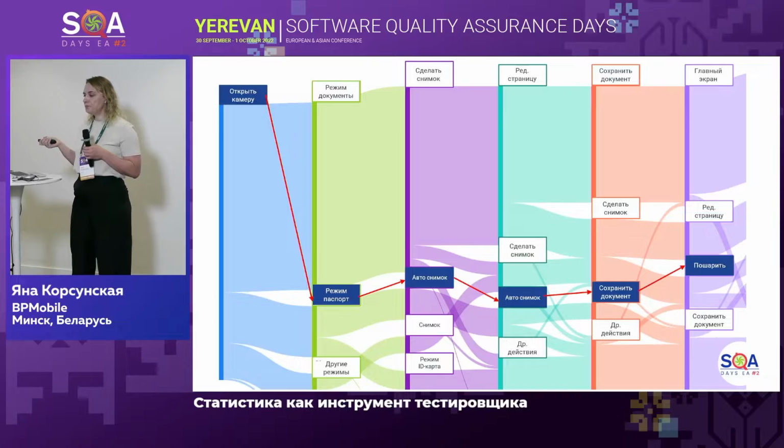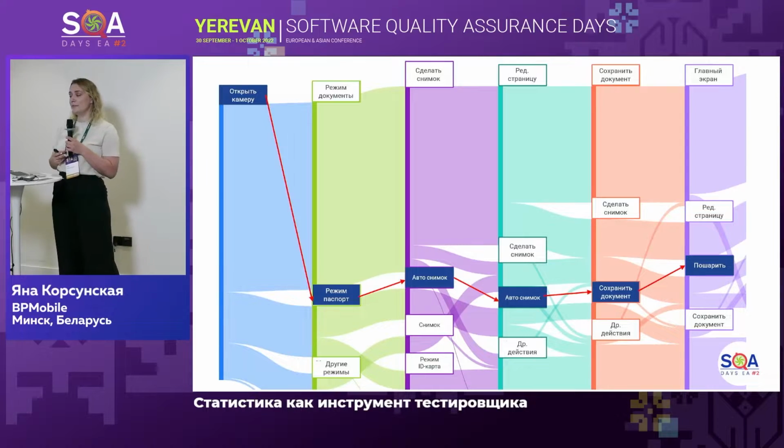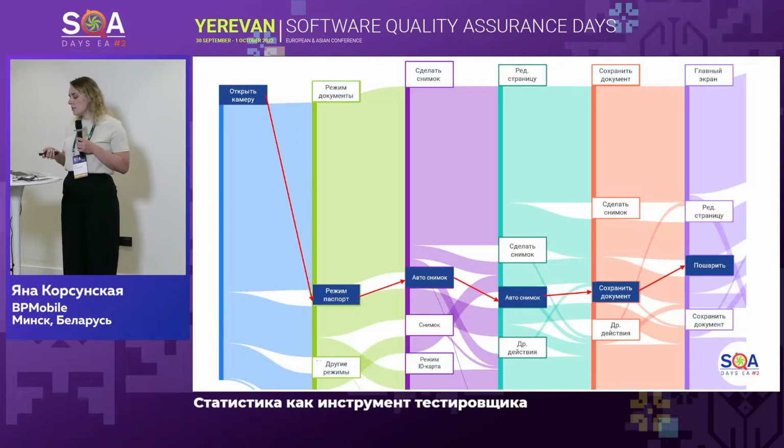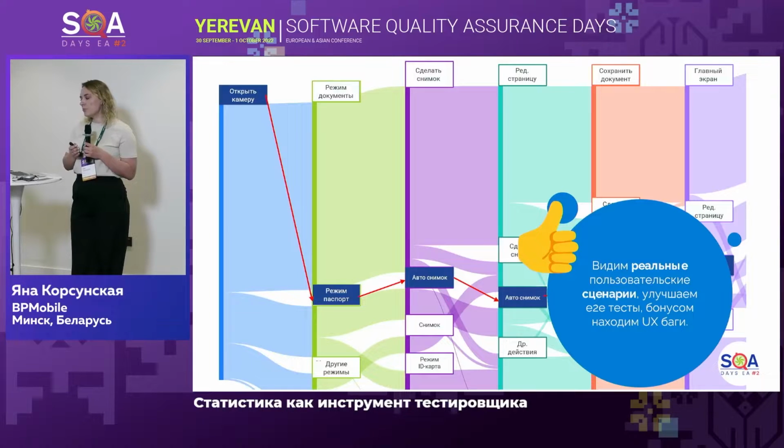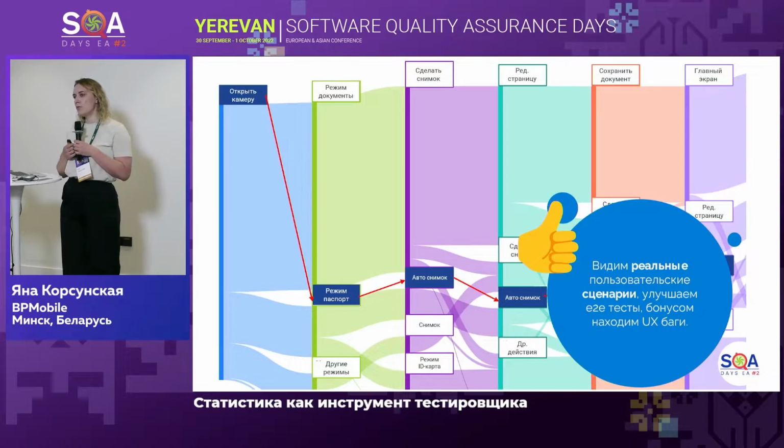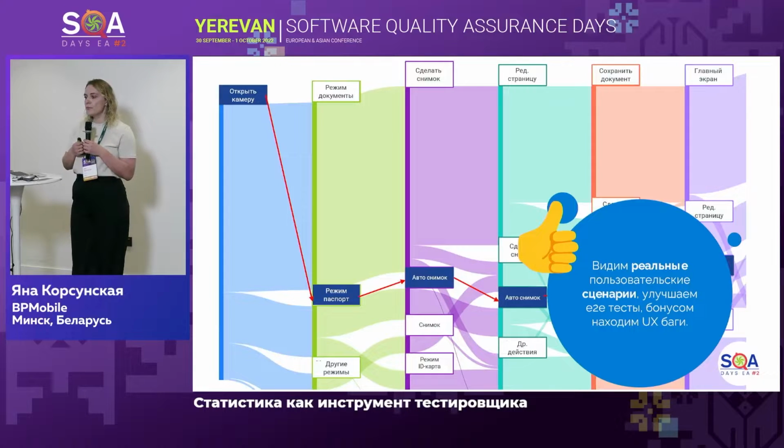The graphics show the visualization, but many tools are very often supported by concrete figures that can be used later on in work. Summarizing this information, we have scenarios based on real, alive behavior, not the guesses of the testing specialists and others, but how the real user behaves in the app.